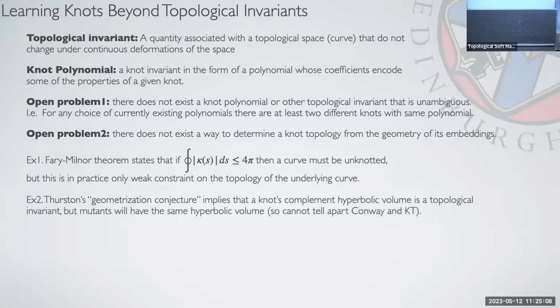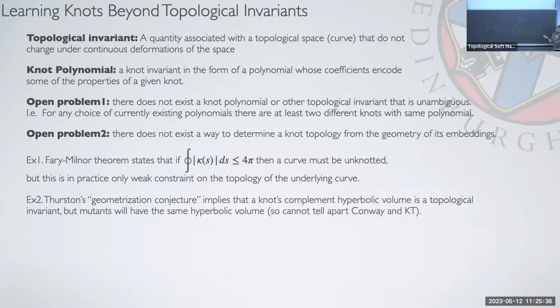There is a Thurston geometrization conjecture that says there is a connection between the knot complement's hyperbolic volume, which you compute on the geometric space you create if you take S3 and remove the knot. You can compute this hyperbolic volume, and it's a topological invariant, but it comes from the geometry. There should be a connection with the algebraic invariants, like the Alexander polynomial that I was telling you about before.